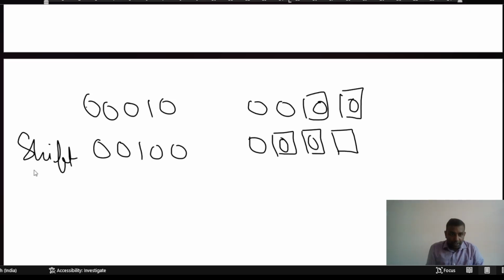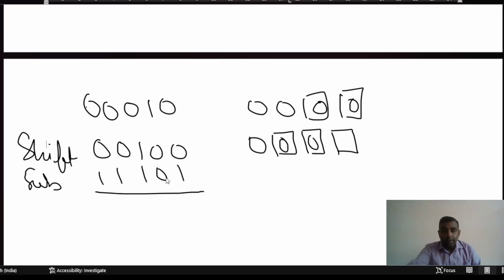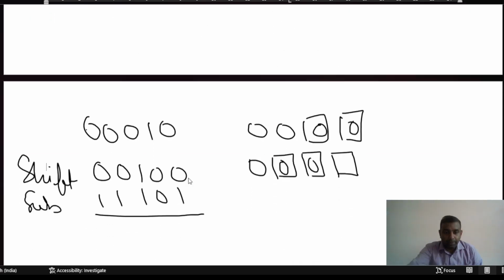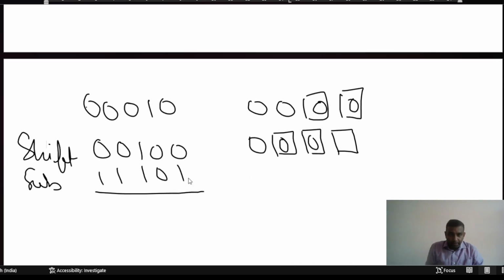So for setting Q0, we need to perform the subtraction operation first. This is the representation of minus 3. So what we get? We get the result 1 0 0 0 0.